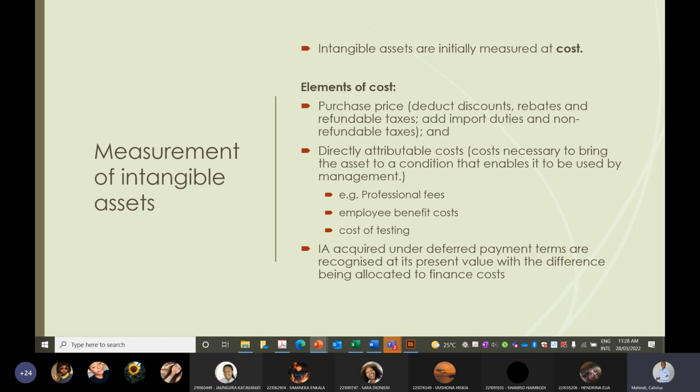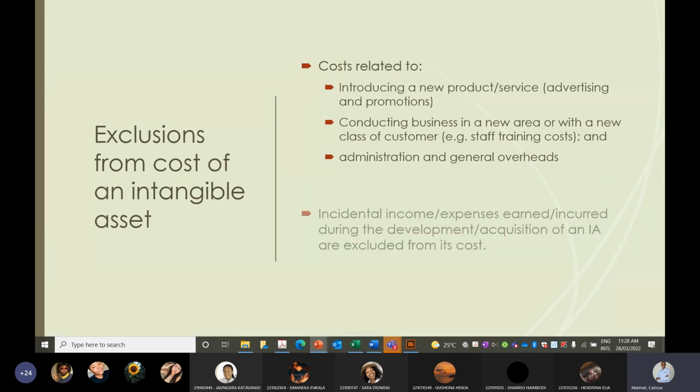The excess you will allocate to interest. We looked at examples of how we would calculate the present value when dealing with deferred payment terms. Exactly the same way you'd calculate it for PPE is exactly the same way you'll calculate it for intangible assets.